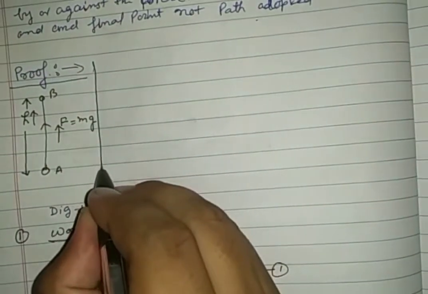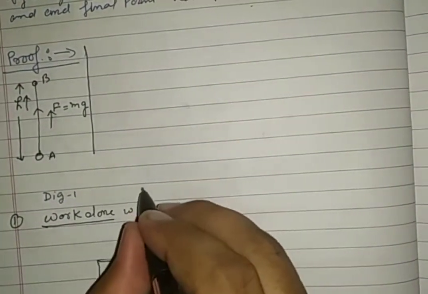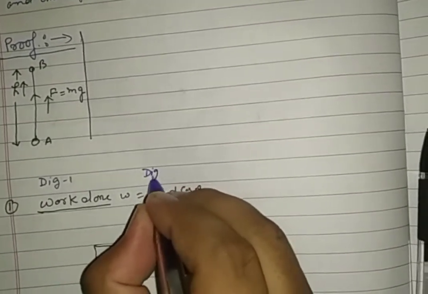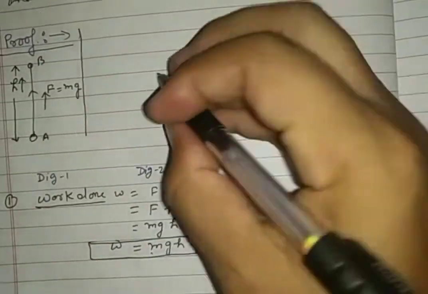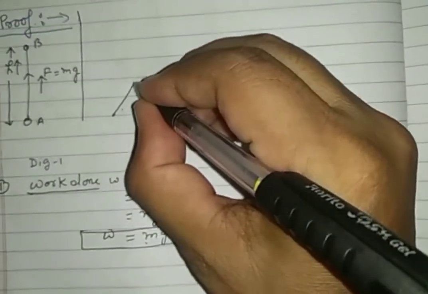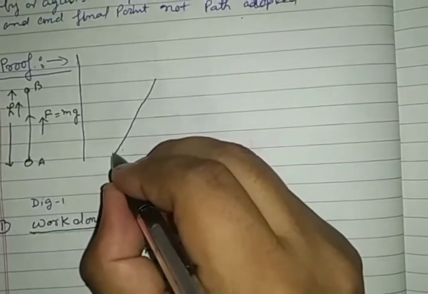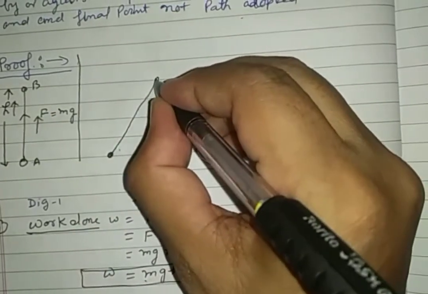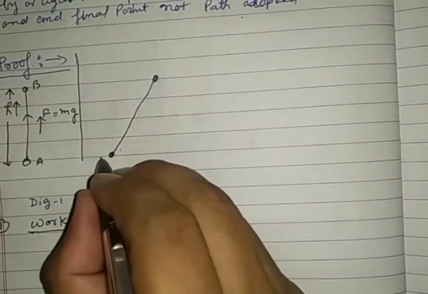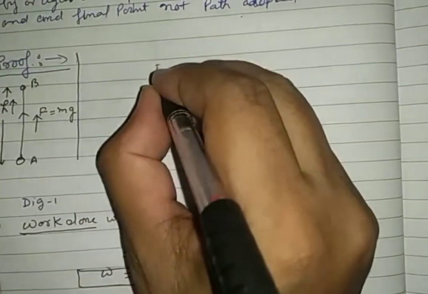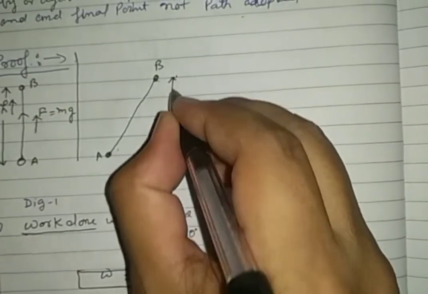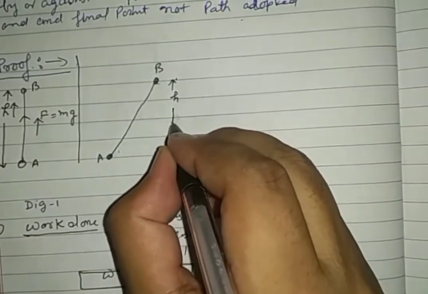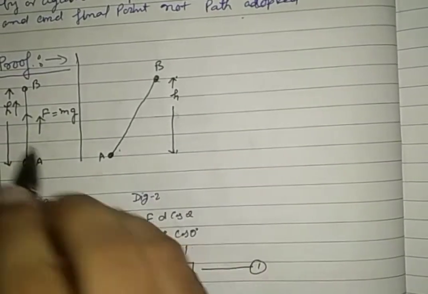Here we are going to see diagram 2, in which a ball is lifted from A to B by this path. A is here and B is here. In this case also, the vertical height traveled is the same, equal to the first case.